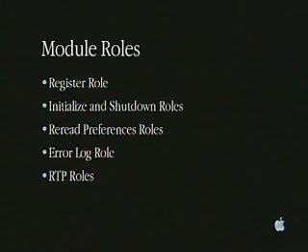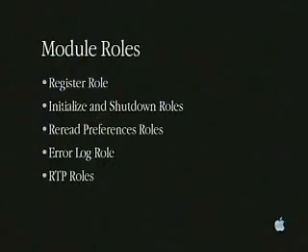The next one on the list is the initialize and shutdown role. Those are useful if you need to allocate memory or set up global data. If you do set up global data, you'll want to remember that the server is multi-threaded and your global data can be called in multi-threaded contexts, so if it's critical path stuff, be sure to mutex protect it.